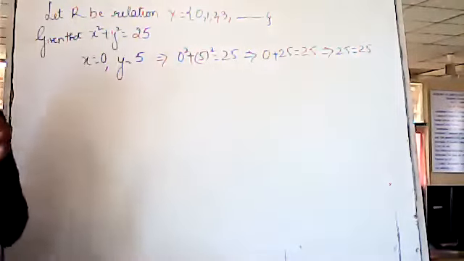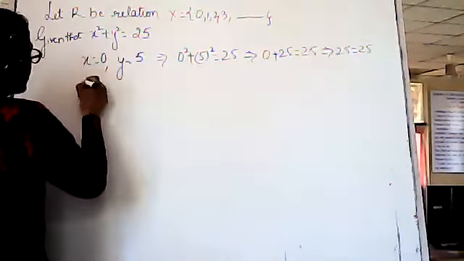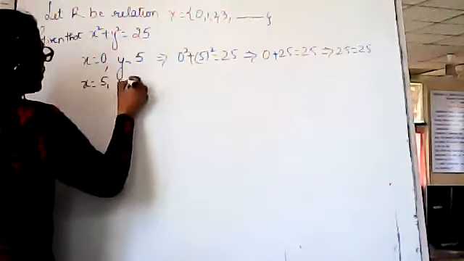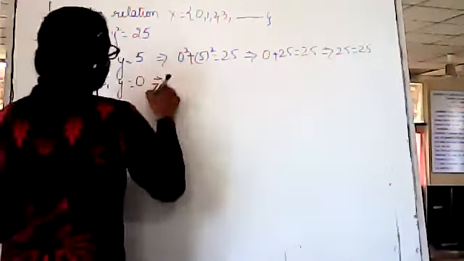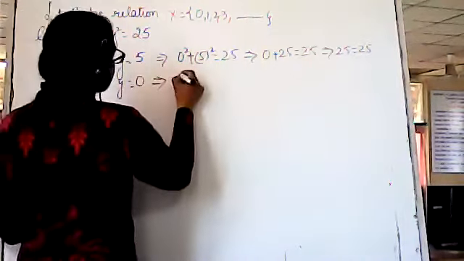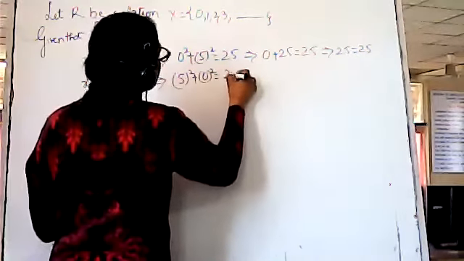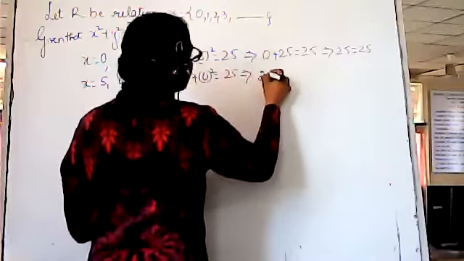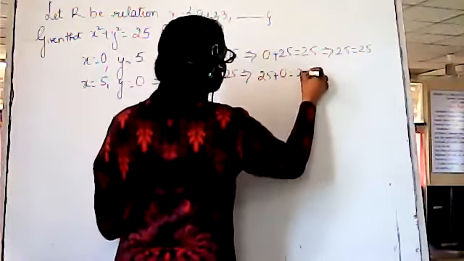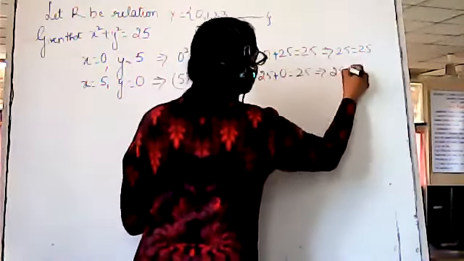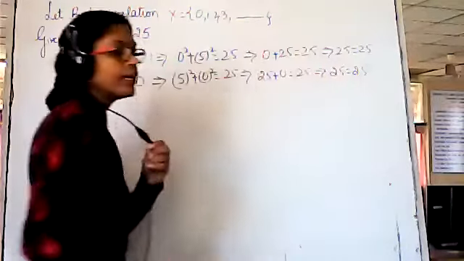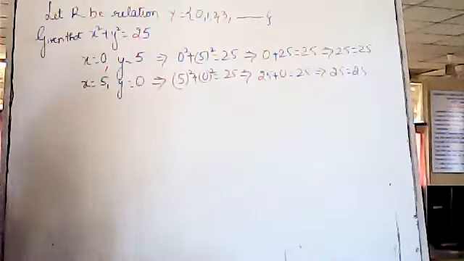So the first condition is possible here. Again, we can take x equals to 5 and y equals to 0. When we put x equals to 5, 5 square plus 0 square is equals to 25, implies that 25 plus 0 equals to 25. Again, left hand side equals to right hand side.